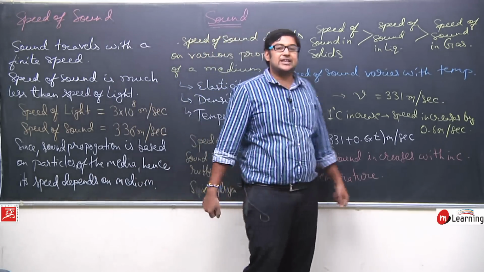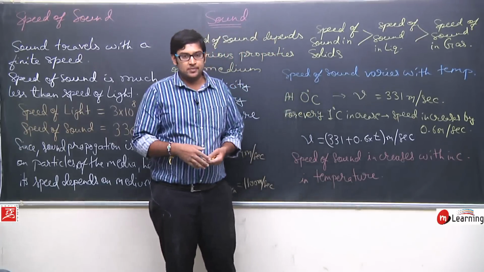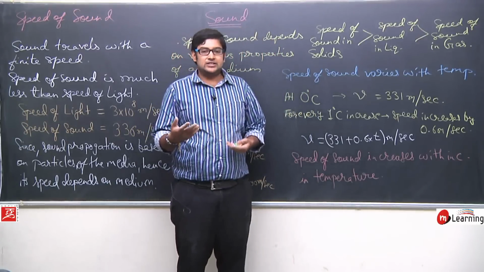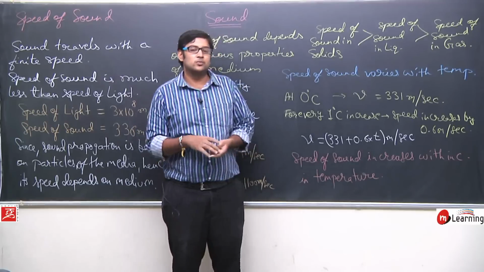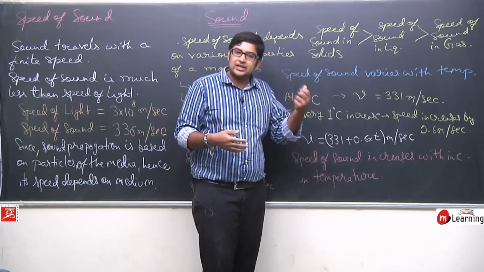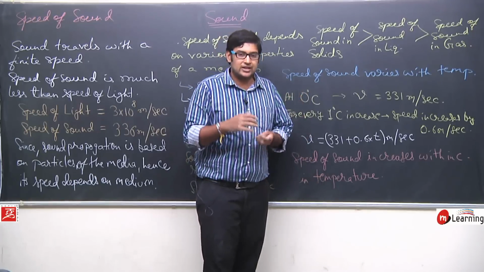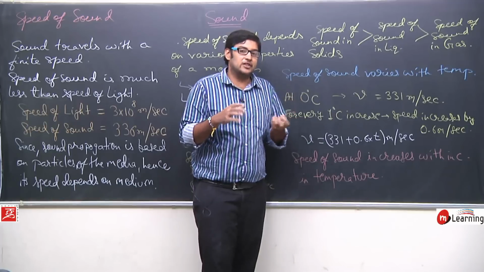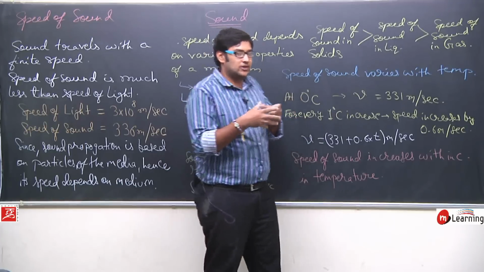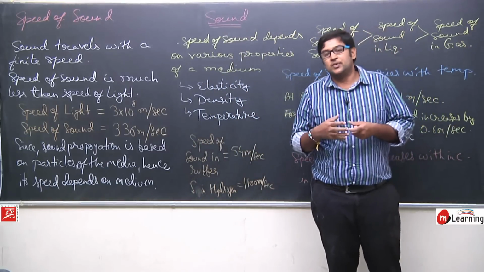Now one more interesting case you can see. For example, with a railway engine, you cannot hear it if it is far away from you, but if you put your ear on the railway track, you can hear the train coming towards you. You can hear the sound of the train when the iron wheel strikes the rail track. Why?